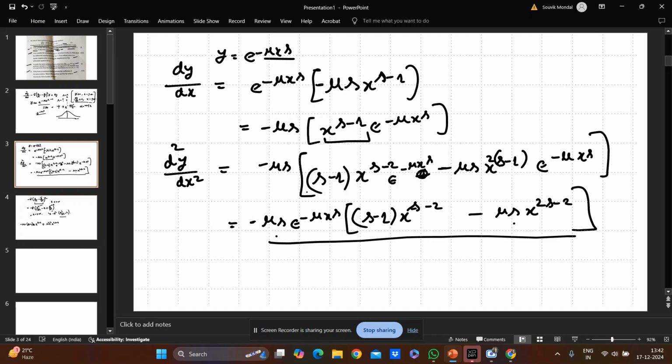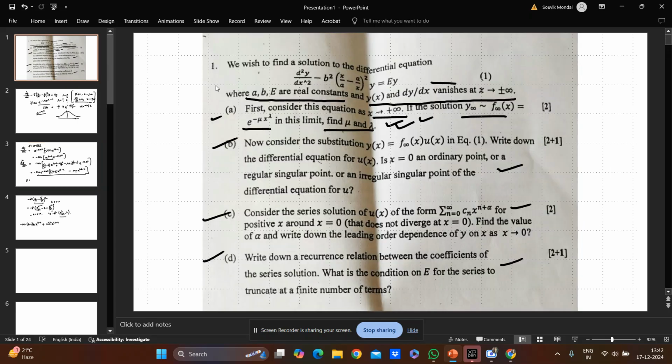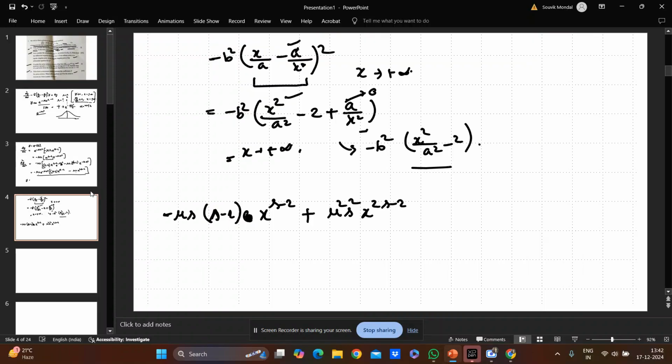I am not writing this e^(−μx^λ), because y is equal to this term, so there is also y on the other side, so e^(−μx^λ) will cut out. It will not be present in the expression. So −b²(x²/a² − 2) equals E. I omit the term e^(−μx^λ) because it is common everywhere.